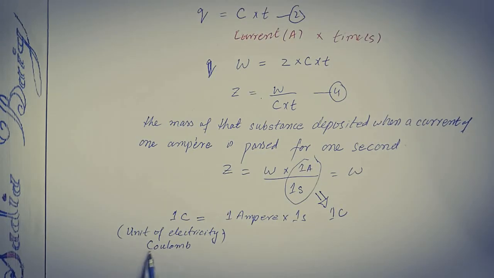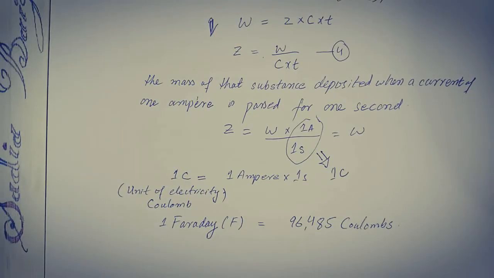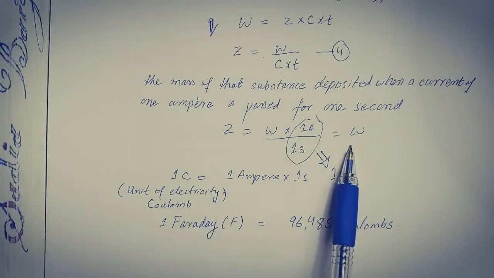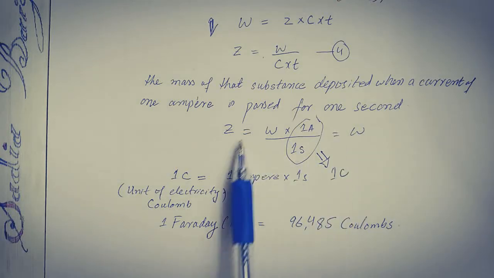Another unit of electricity is known as Faraday, which is a bigger unit of electricity, and 1 Faraday is equal to 96485 coulombs. And it has been found that when 1 Faraday of electricity is passed through the electrolyte solution, then 1 gram equivalent of the substance is deposited.